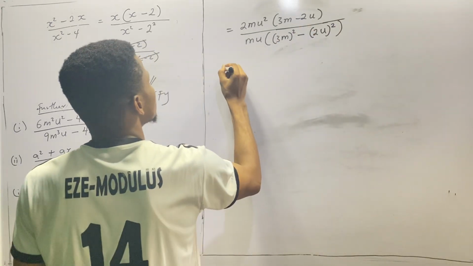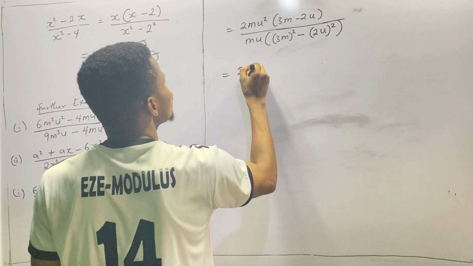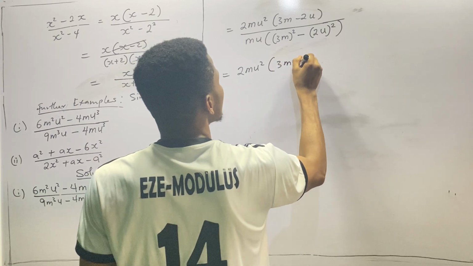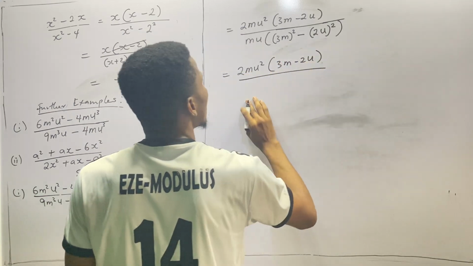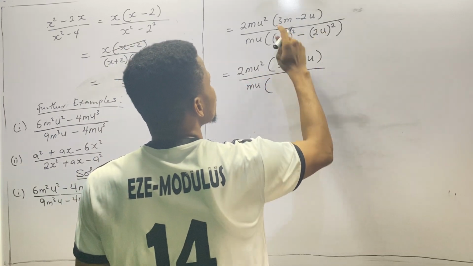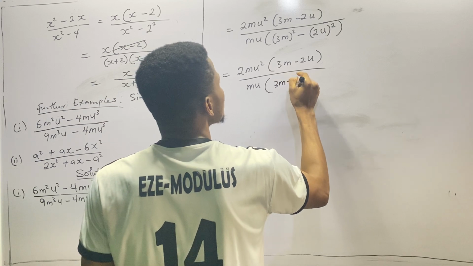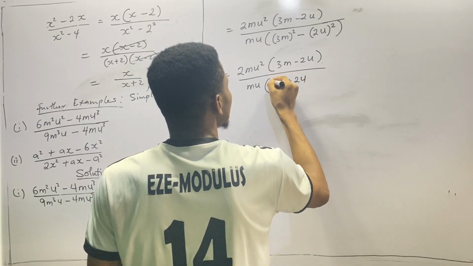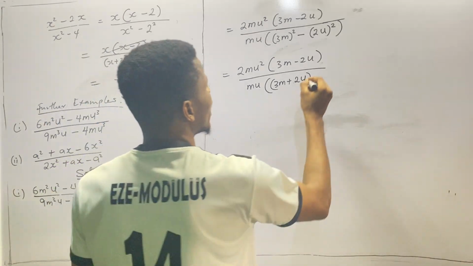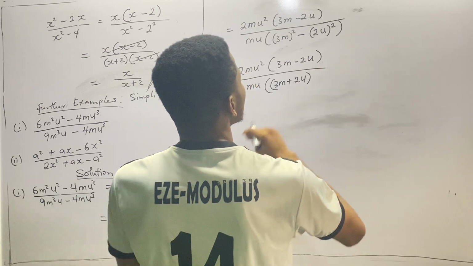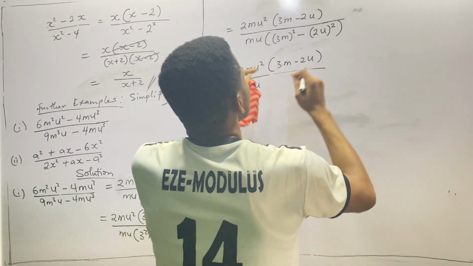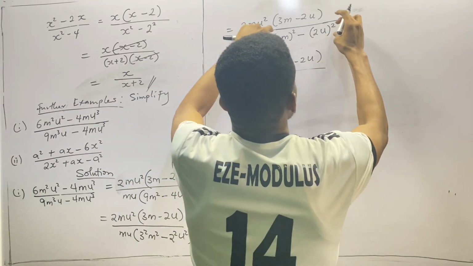So if we continue further, let me write it here. So we have 2mu square into 3m minus 2u all over mu into, this is a difference of 2 squares, right? So it's going to be 3m plus 2u times, maybe at this point I no longer need this bracket, all right?